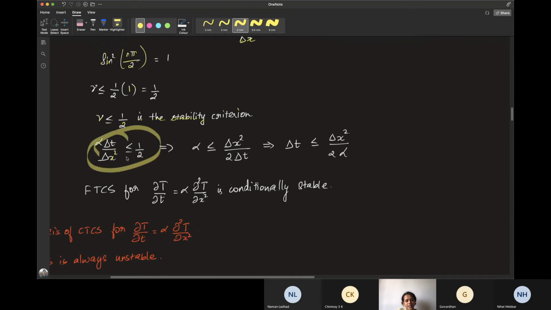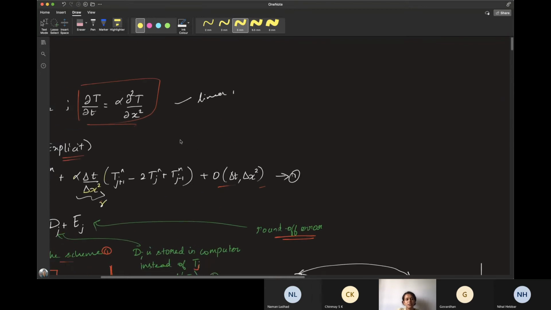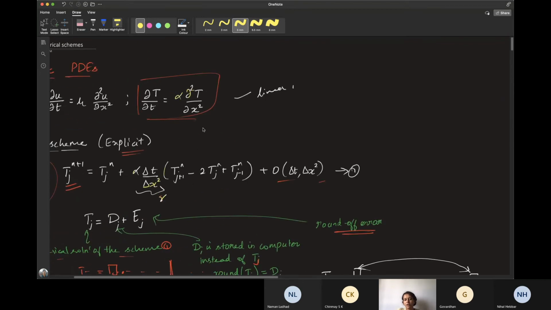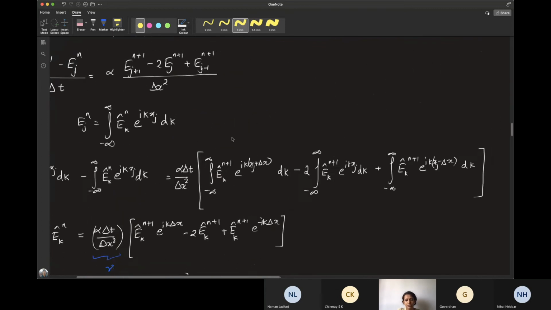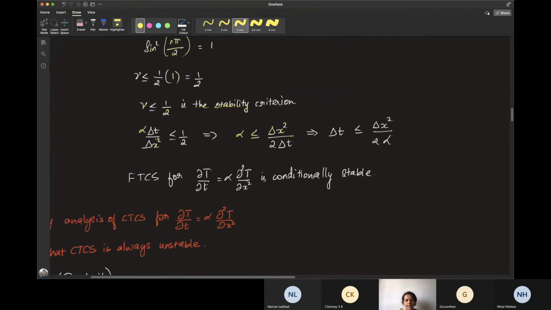So from here we can see that alpha is less than or equal to delta x squared by 2 delta t. So there is a restriction on your diffusion coefficient. Alpha was our heat diffusion coefficient. This is a term in the governing equation, whereas delta t and delta x are the terms in our CFD domain, that is our discretized domain.